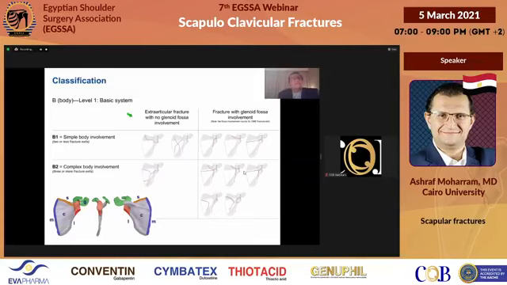Body fractures, B, are either extra-articular fractures with no glenoid involvement, or they involve the glenoid. If it's a B1, it's a simple fracture line that involves 2 or less breaks in the body, while more than 2 breaks is defined as a complex involvement.